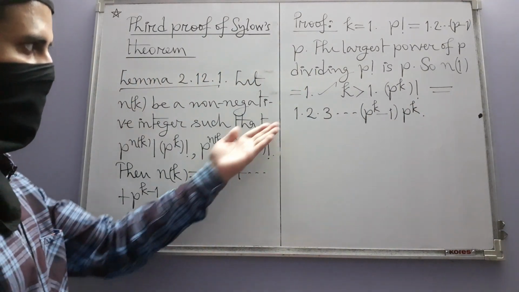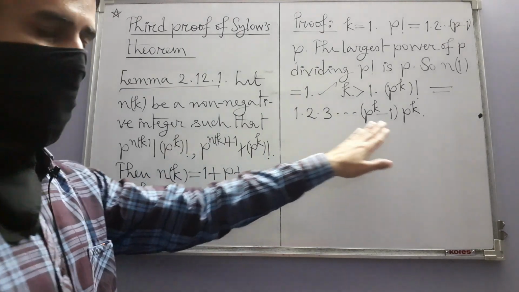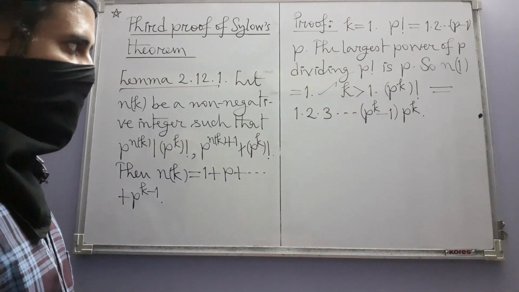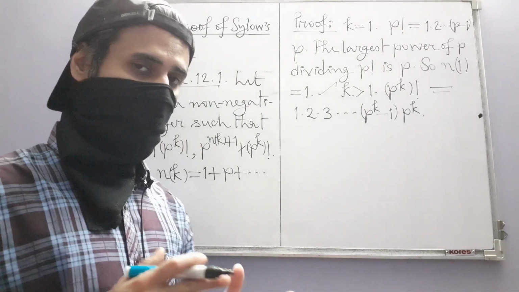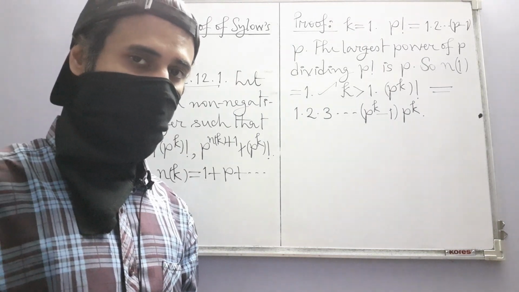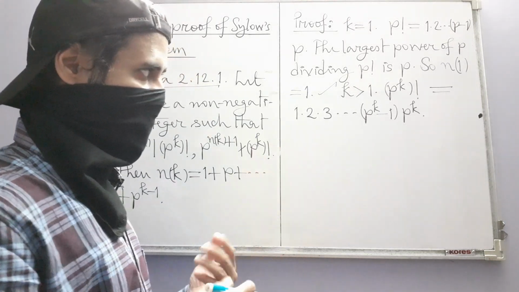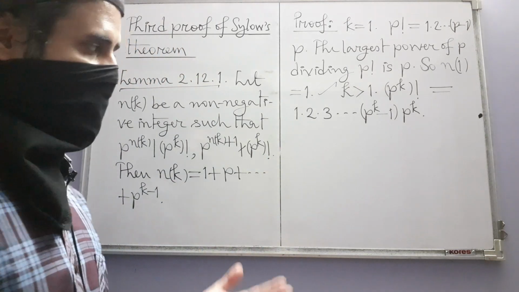Now there are many factors, many numbers here that are being multiplied together. Which ones among them are going to contribute to powers of p?